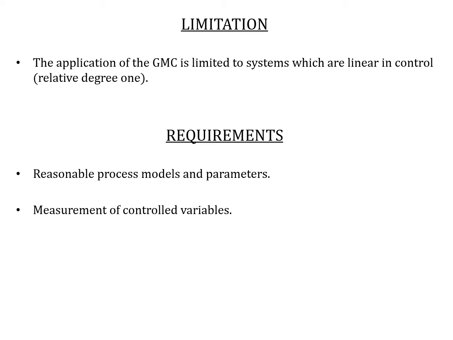And of course, we need to measure the control variable. That's a requirement for this method. The measurement of the control variable is needed for us to be able to implement the GMC method for chemical process systems.